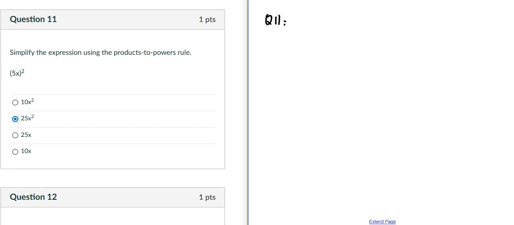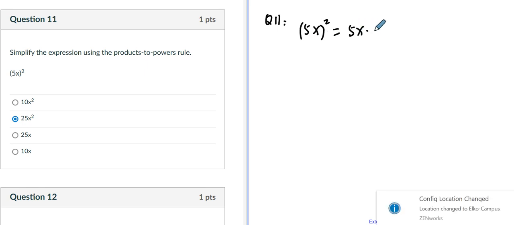Now, let's look at question 11 here. We have (5x) squared. If we have a parenthesis here, it means 5x times 5x. Oh, no, only squared.